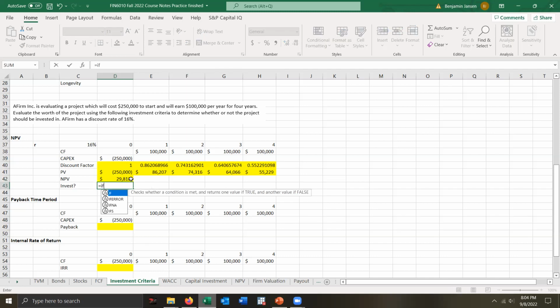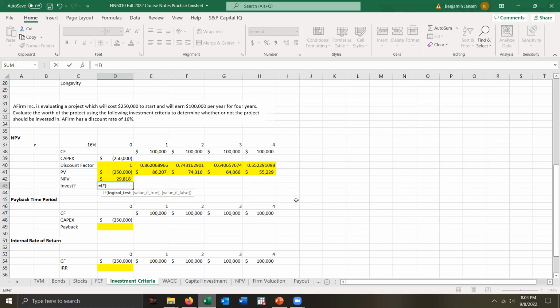But one of the ways that we can get a better way to go about this is using if statements. If statements are basically as defined as we see here. It's going to give us a logical test, right? So if that condition is met, then we're going to get something for if it's true or false.